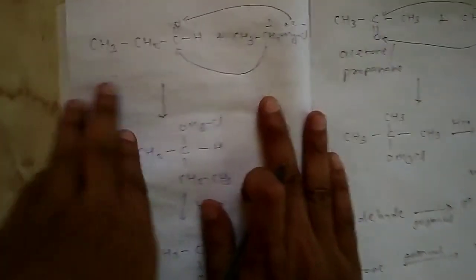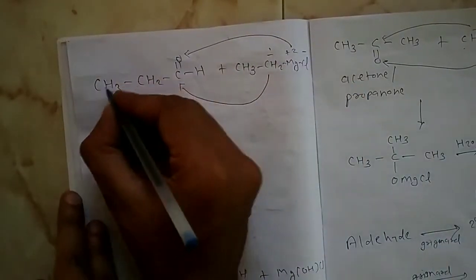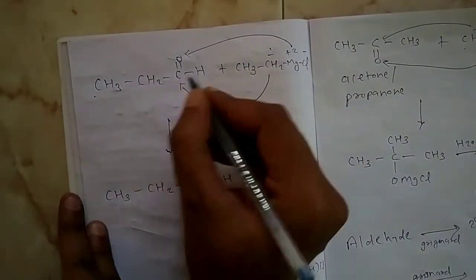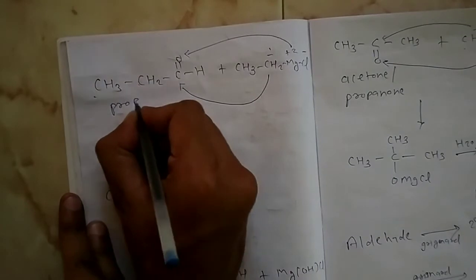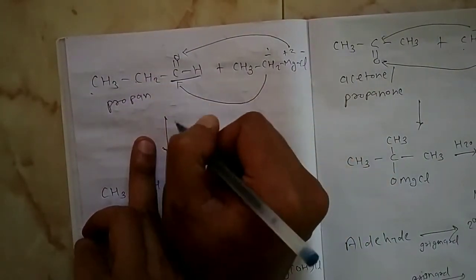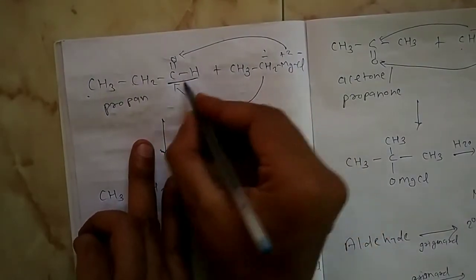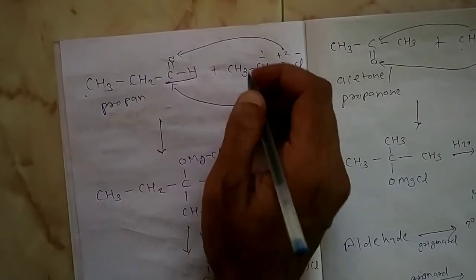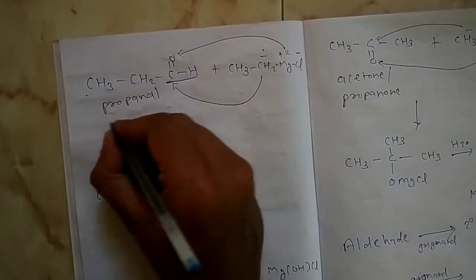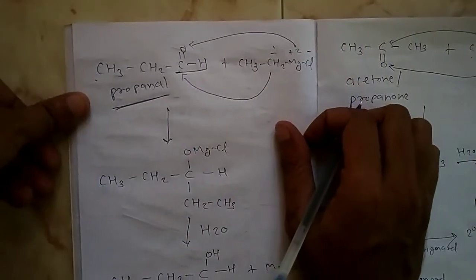Now let's take another example. You can see this substance has 1, 2, 3 carbons, so propane, and on that an aldehyde group is there, so the suffix is al. Propanal.